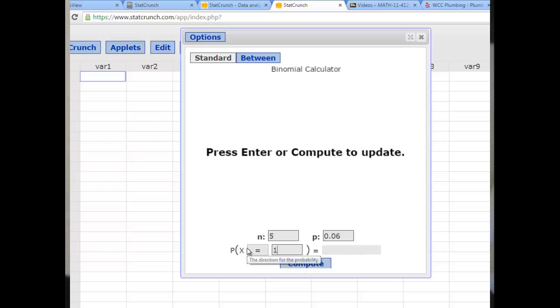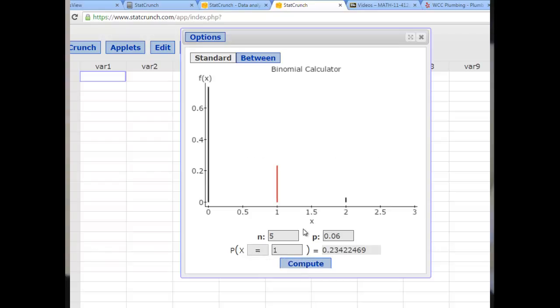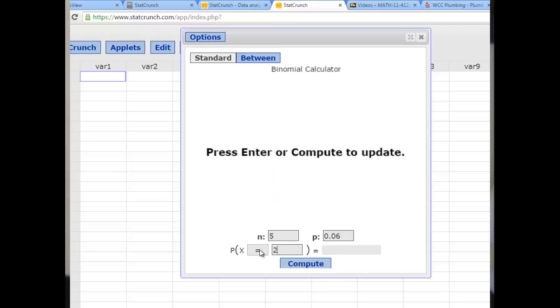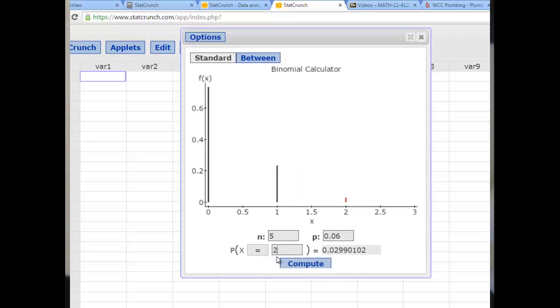The probability that 1 out of those 5 do is approximately 23%. 2 out of the 5, 3%. 3 out of 5, less than 1%, and 4 out of the 5, practically 0%. Of course, that's because it would be a very small probability to get 4 out of 5 people with a certain blood type when there's only a 0.06 probability for the entire population.